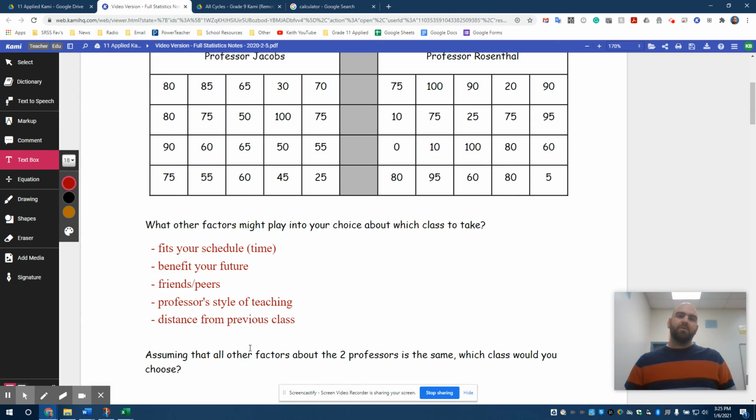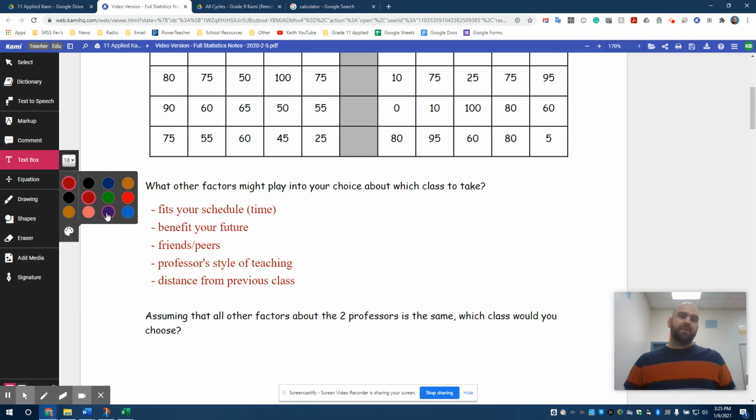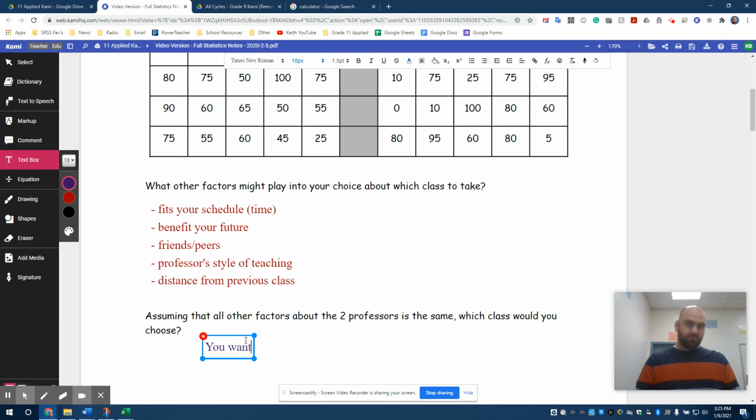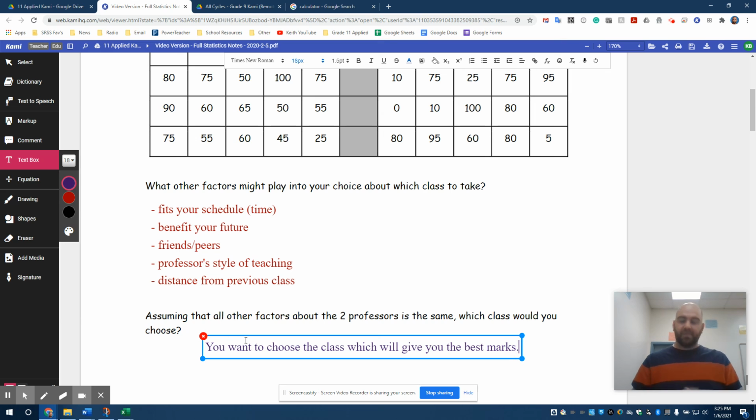Well, assuming that all of these factors are good, you probably want to choose a class which will give you the best marks. Okay? Plain and simple. You probably want the class that's going to give you the best chance of success. And that might be Professor Jacobs' class, that might be Professor Rosenthal's class.